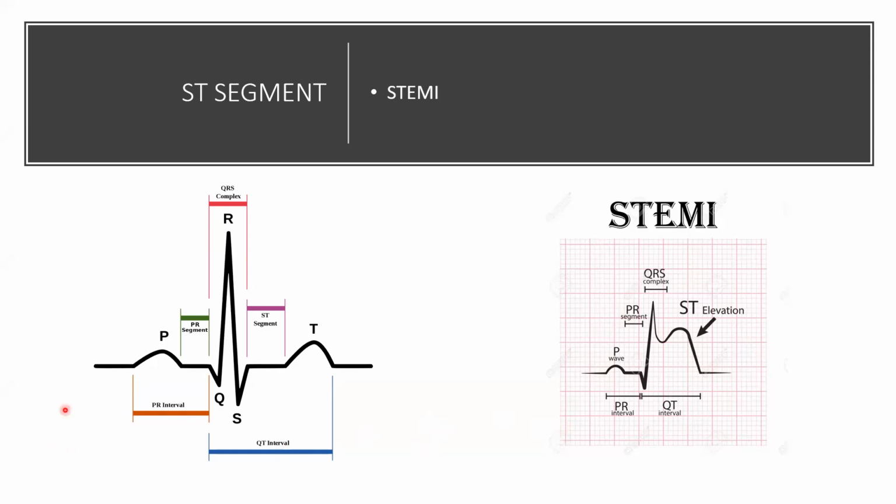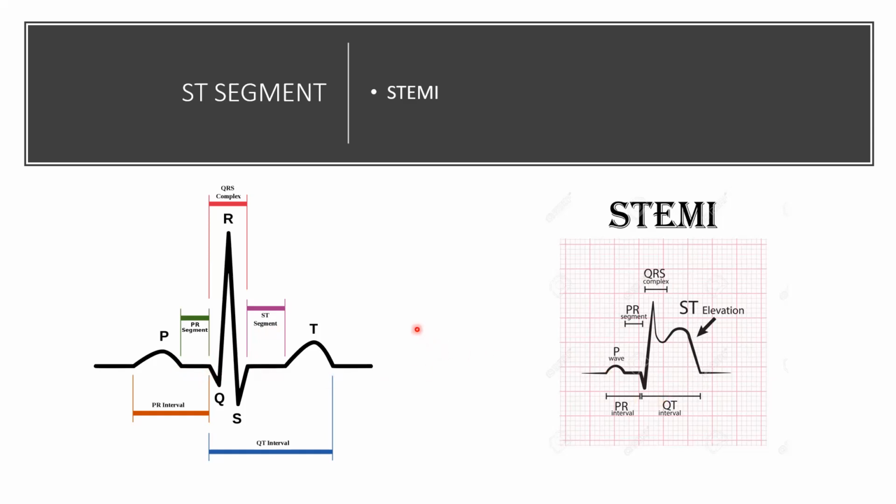So significant deviations are referred to from the baseline as either depressed or elevated. So if this ST segment is below this PR segment, this is what is known as ST depression. If this ST segment is above the PR segment, this means that this is ST elevation.